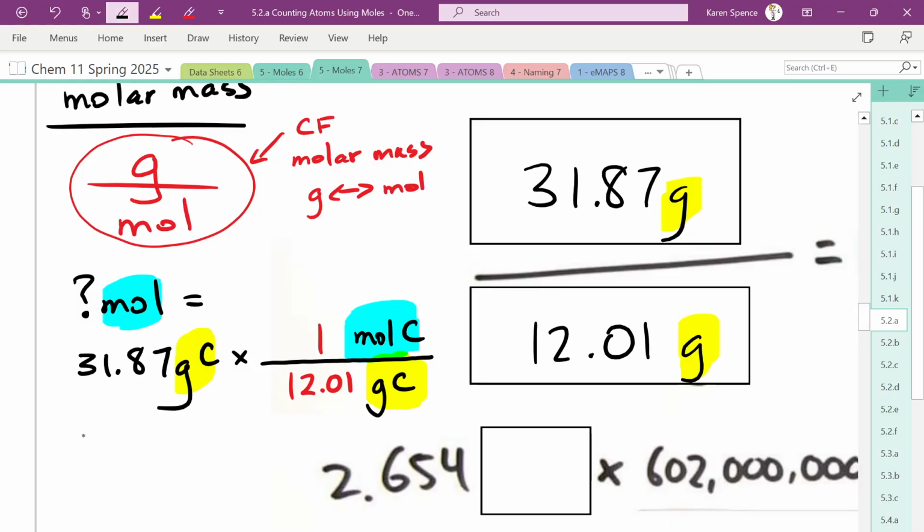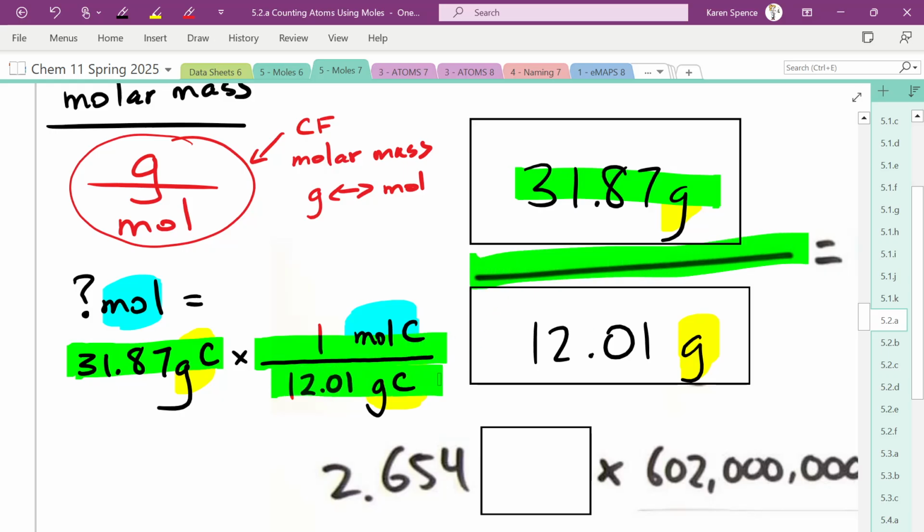We do our calculation, and oh my gosh, look at this. We have 31.87 grams of carbon divided by 12.01 grams. And so the calculation is the same. We've just shown it using unit conversion. Yes?